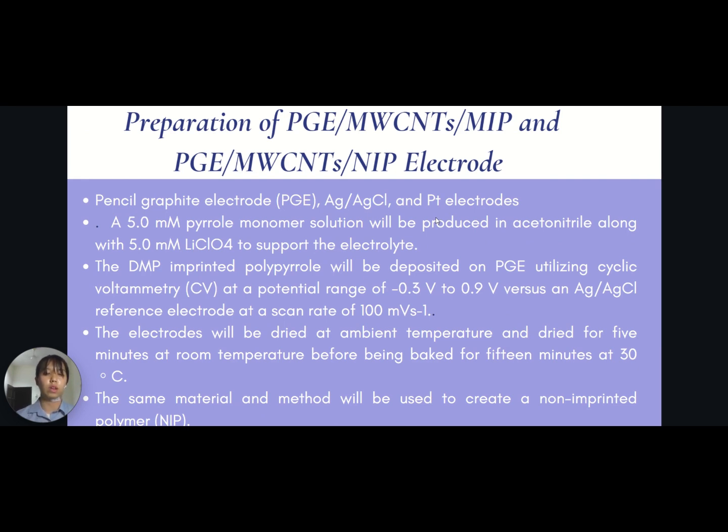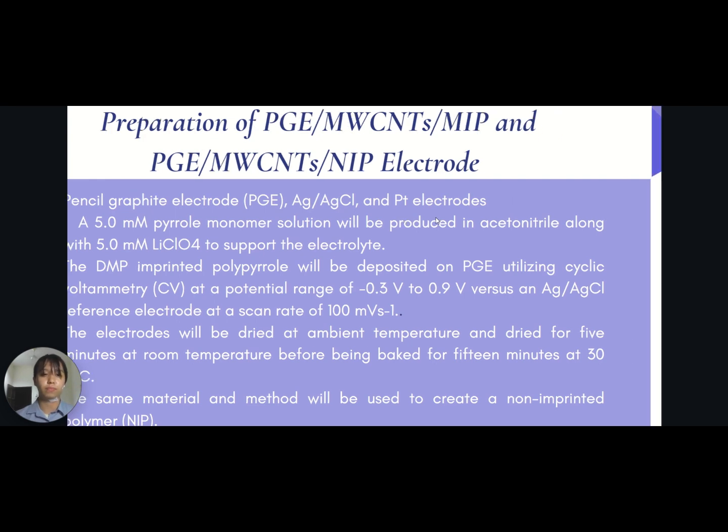The pencil graphite electrode acts as the working electrode, and the platinum electrode is used as the counter electrode. Ag/AgCl is the reference electrode. After we go through the process, we get the MIP and non-imprinted polymer. They will get deposited on the modified electrode.